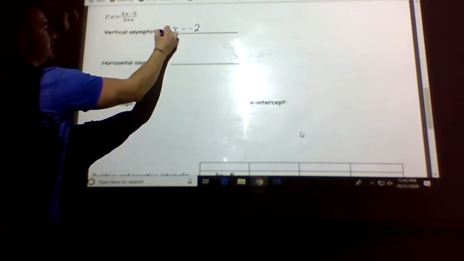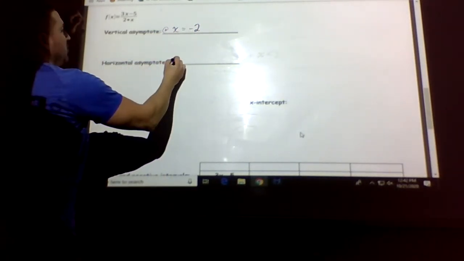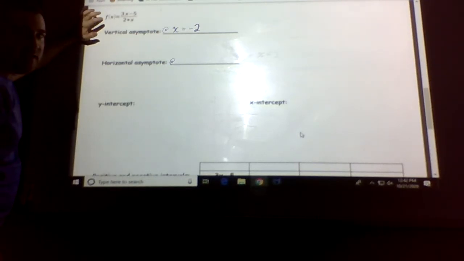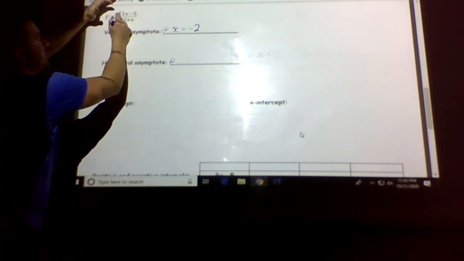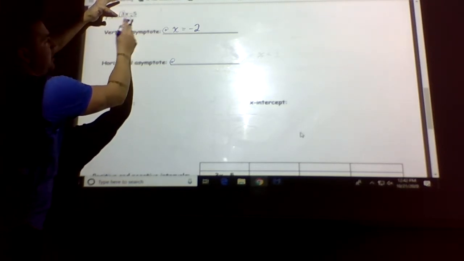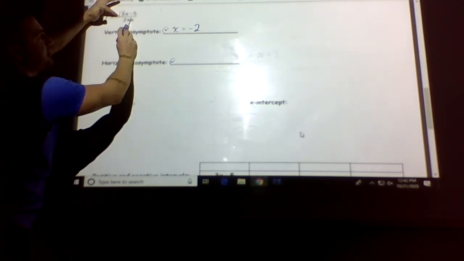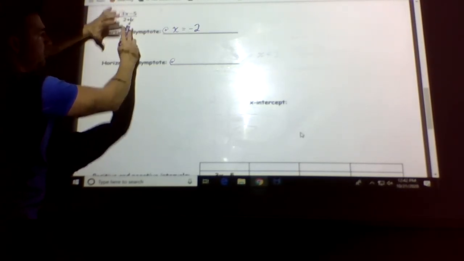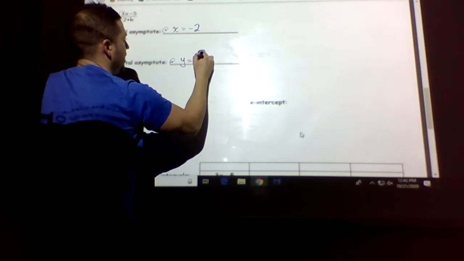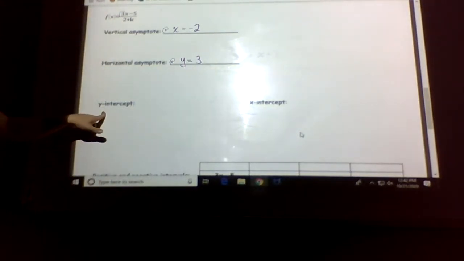If you want to put the add sign, you can. A horizontal asymptote, again, we divide the leading coefficients. So be careful here, there's a little trick one. The leading coefficient is 3 divided by this one, 1, because it's the number next to the x. So the coefficient has to be in front of the x's. So 3 divided by 1 is 3. So y equals 3.